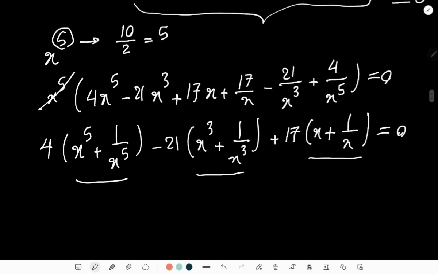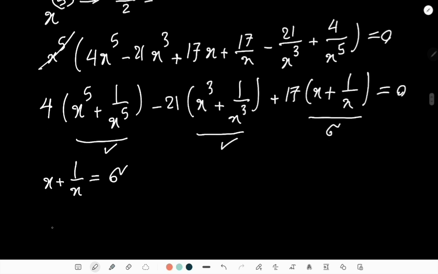If I take x plus 1 over x, let's say as sigma, there is a way that we can write these two expressions as some function of sigma, but this is already also sigma. So let's just start with the simple one. x to the power of 3 plus 1 over x to the power of 3. This is our change of variables, put it in the rectangle.